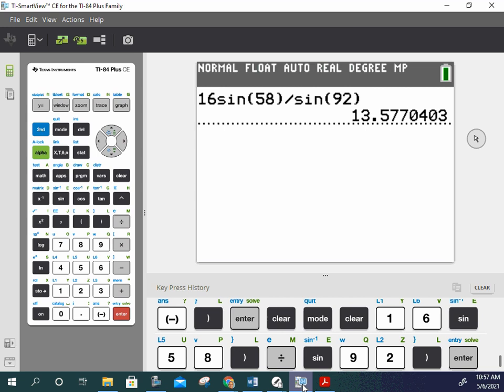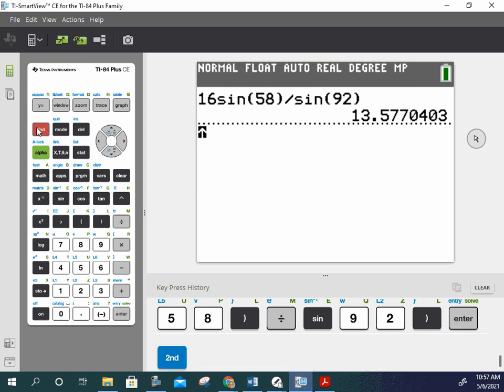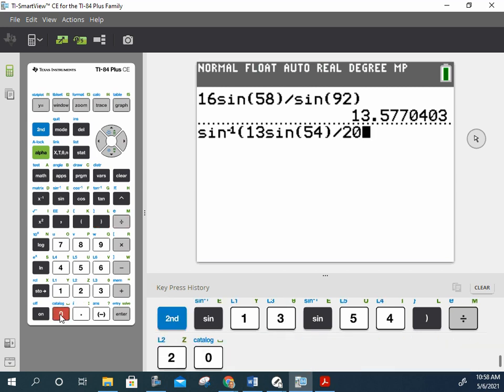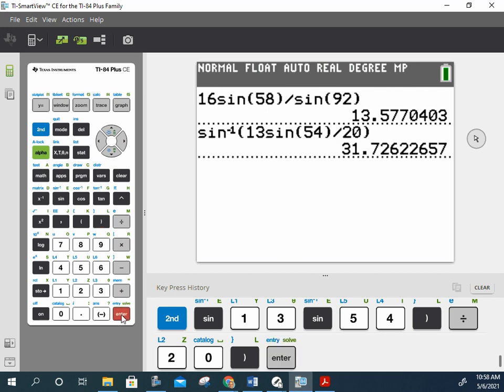We need sine inverse, so we hit second sine inverse, 13 sine 54. Make sure you close the parentheses, divided by 20. I put another parentheses, because sine inverse had a parentheses on it. Enter.